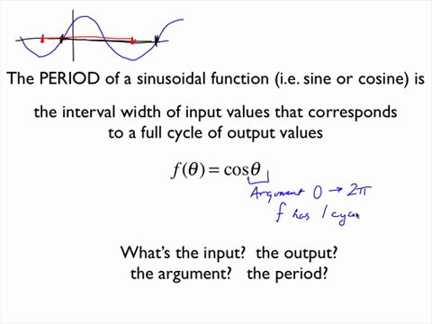And that's how we find the period for more complicated sinusoidal functions. We think of the argument always going from 0 to 2 pi, because that's what makes the cycle repeat for cosine or sine. 2 pi is the key value. So we look at the argument and we say, let the argument vary from 0 to 2 pi, and then what input value will cause that argument to go from 0 to 2 pi?